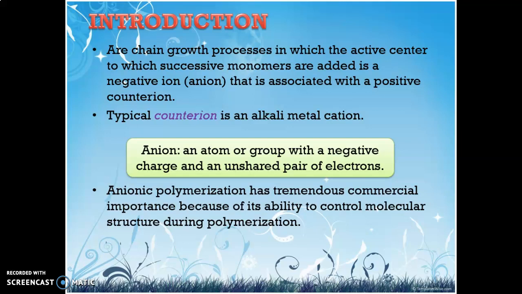So typically the counter ion is an alkali metal cation. An anion is an atom or group with a negative charge and an unshared pair of electrons.